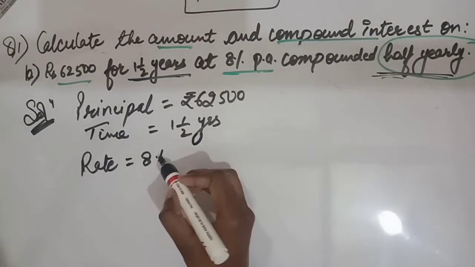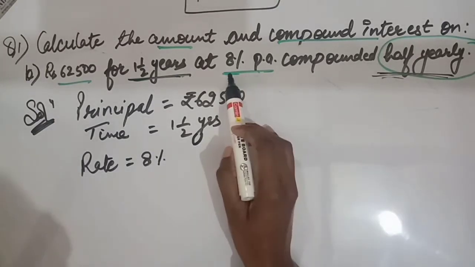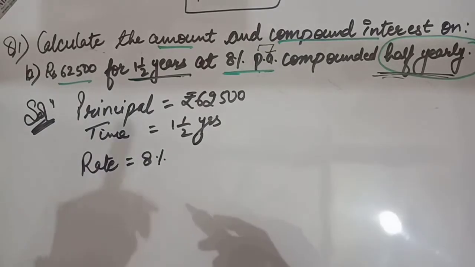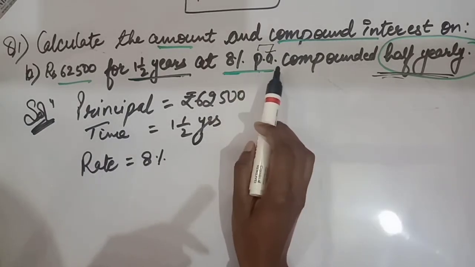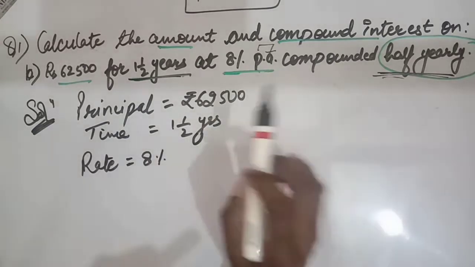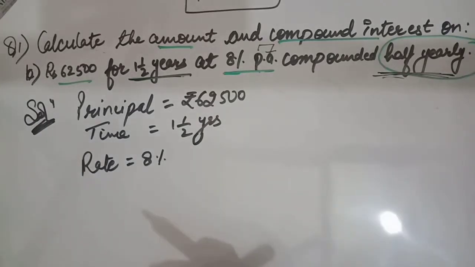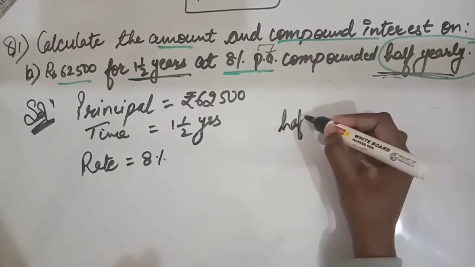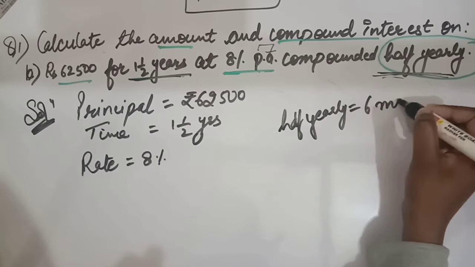Now, as we have the interest compounded half yearly, but the rate of interest that we have is annual. This 8% is per annum, per year, right? But we have to calculate the compound interest half yearly, right? Half yearly means 6 months.